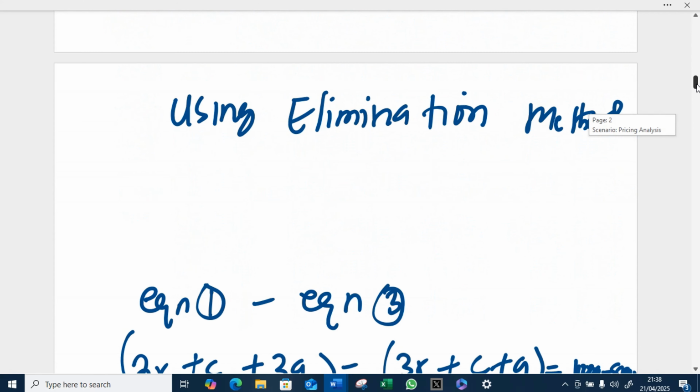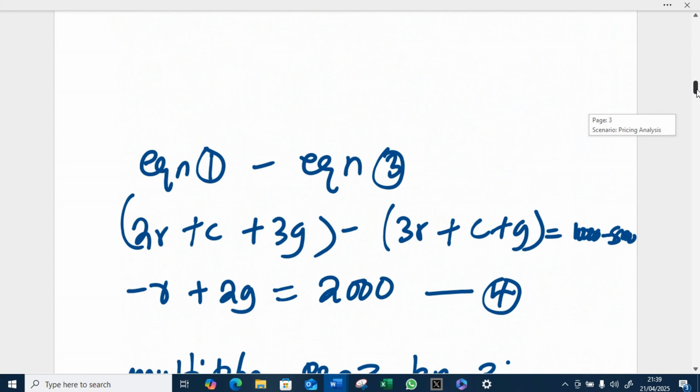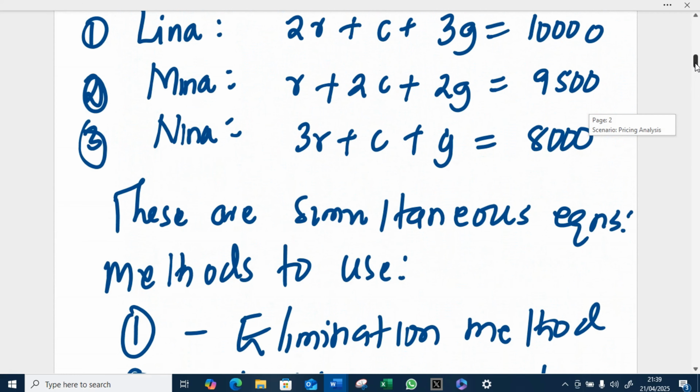Now we have already obtained the value of g and r, so meaning we can now go above and look for any of the equations that can give us the value of c, which is the cost of one calculator. So when we look at any of the equations, for example, let's look at equation 3.